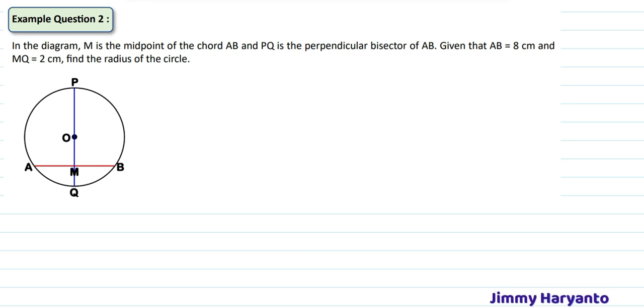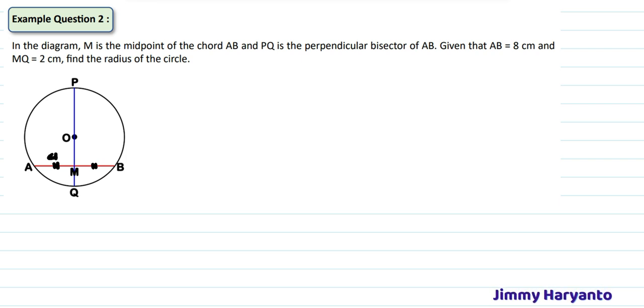Okay, next is example question 2. In the diagram, M is the midpoint, and so on, perpendicular bisectors, not important. Given that, that is important, but we already know that the blue line is the perpendicular bisector of the red line. So it's already shown in the image, so the sentence is not too important. Given that AB equals 8, because AB equals 8, we can divide it into 2 equal parts.